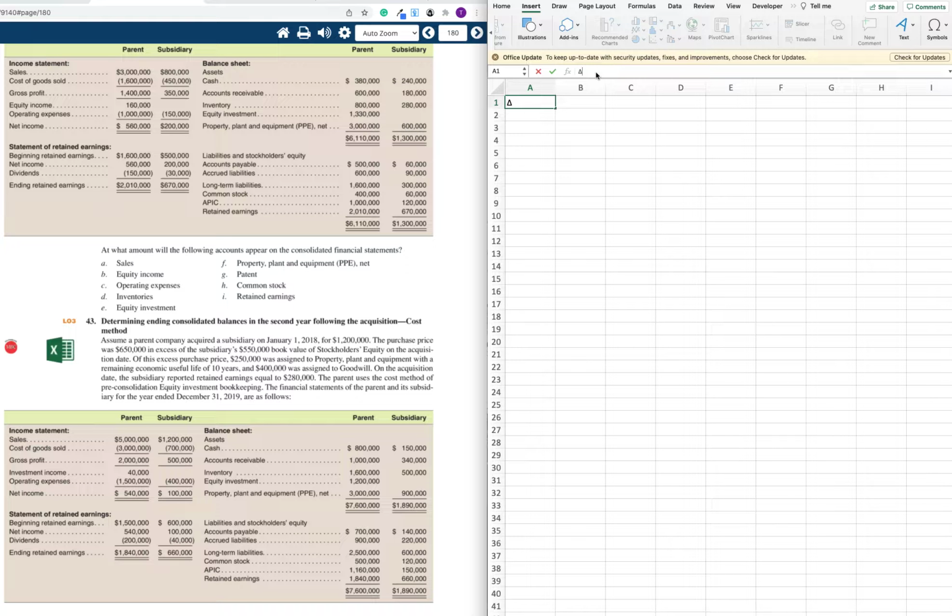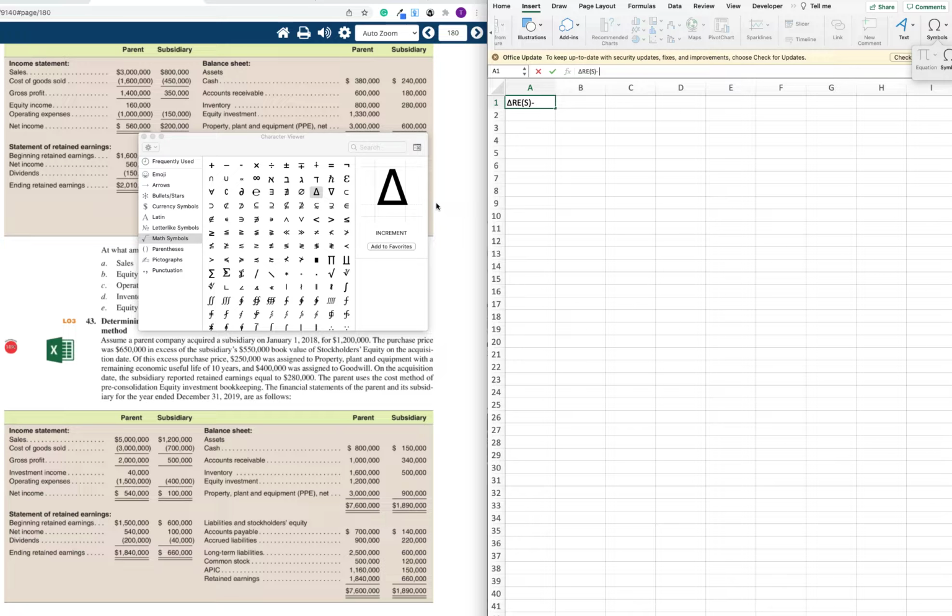And so to do that, we are going to take the change, so I already put delta here, the change in the retained earnings of our subsidiary, and that's going to be since acquisition, minus the sum of our AAP amortization.